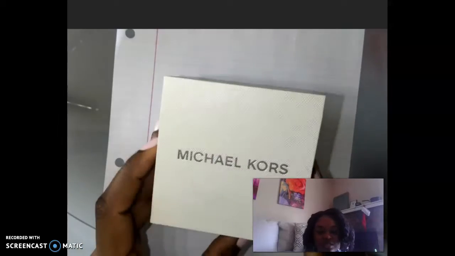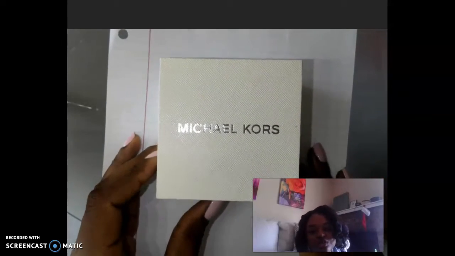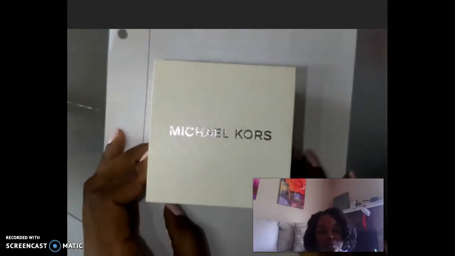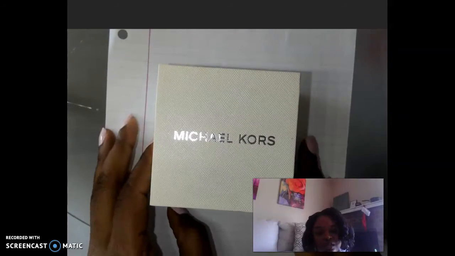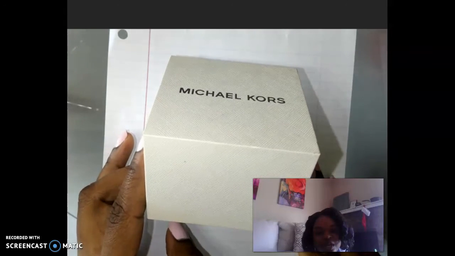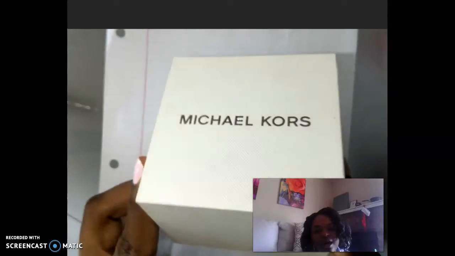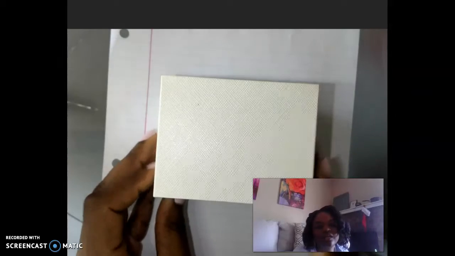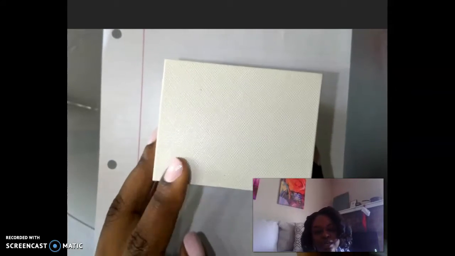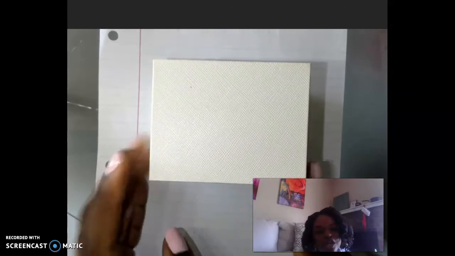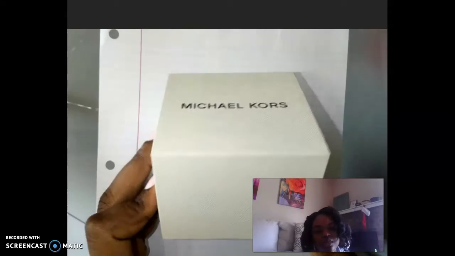But the purpose of this, we're going to be using it to go through a real world problem of trying to find the dimensions here. So remember, when you're looking at a box, you have a length, a width, and a height.